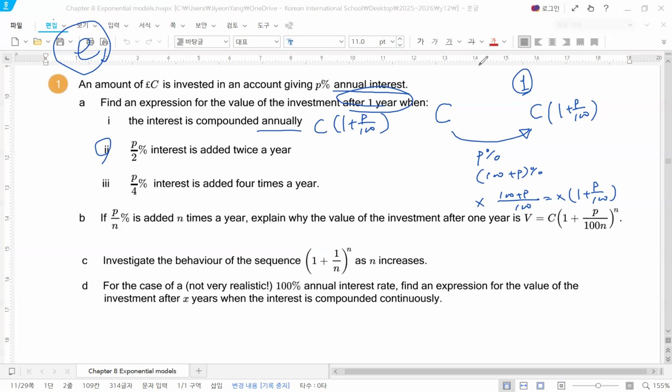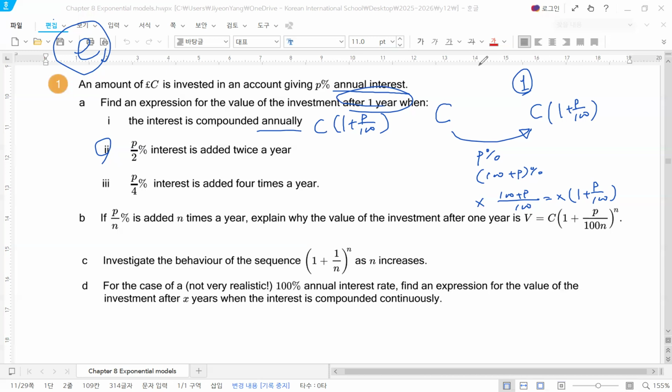So 10% 6 months, and then 10% 6 months. Then 10% increase means 110% in total.